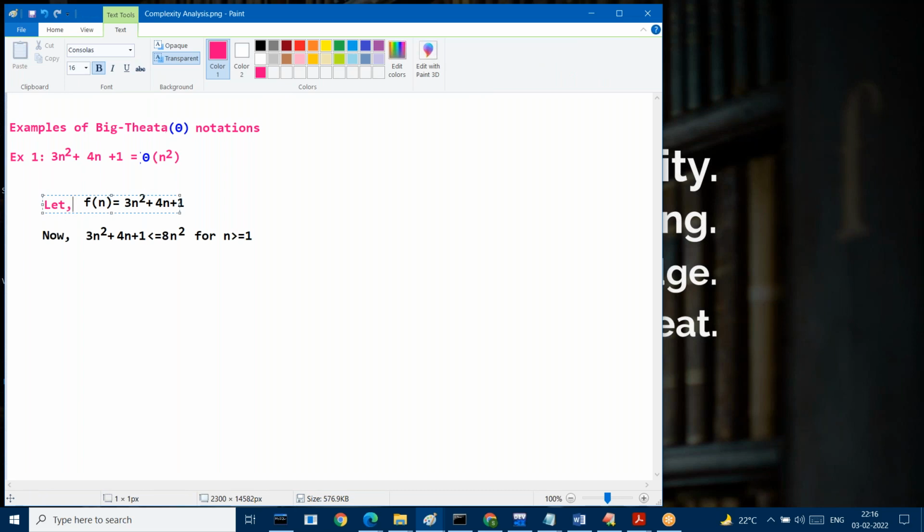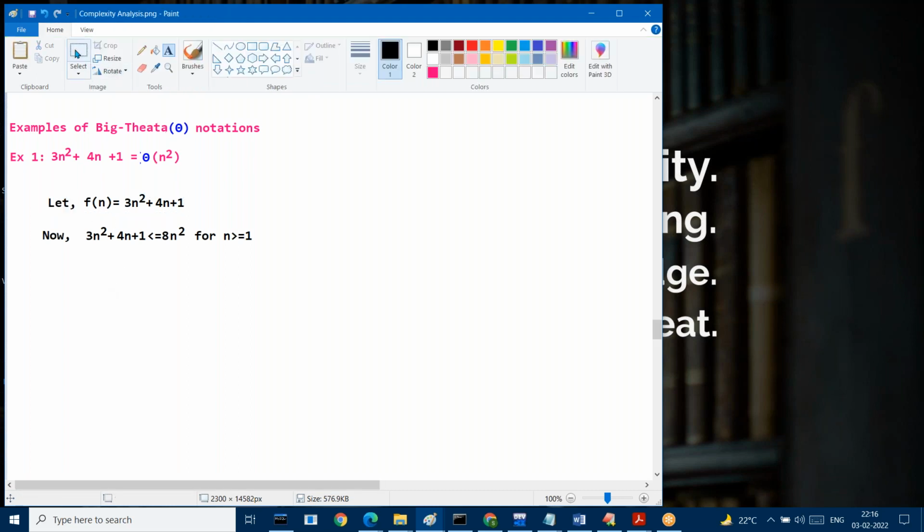Now what earlier you have written, Fn is equal to 3n square plus 4n plus 1 less or equal to 8n square. Now you may ask, sir, I don't want to write 8. I will ask then what you will write? Sir, I will write 4. Write 4, I don't have any issue. But if you write 4, I'll ask why you wrote 4, sir? Rather than that, if I write 8, I will tell, okay, 3 plus 4 plus 1, 8. That's why I've taken that 8.